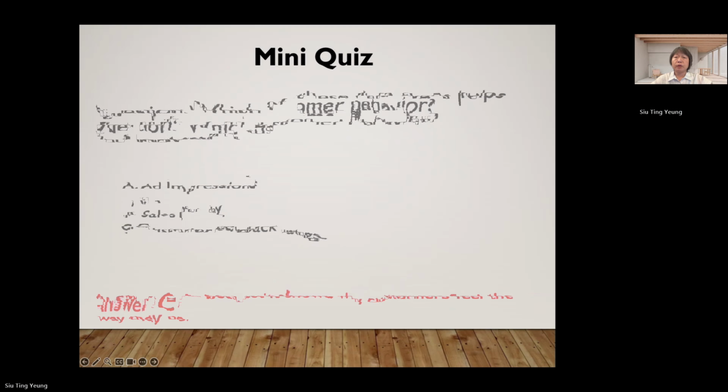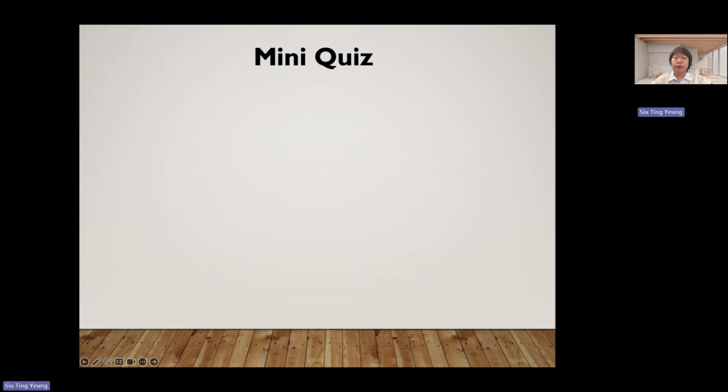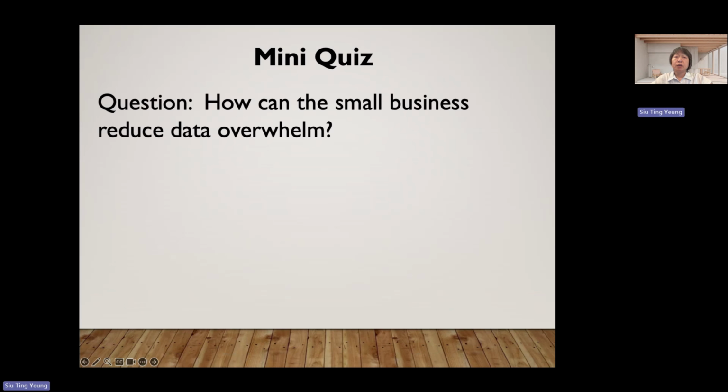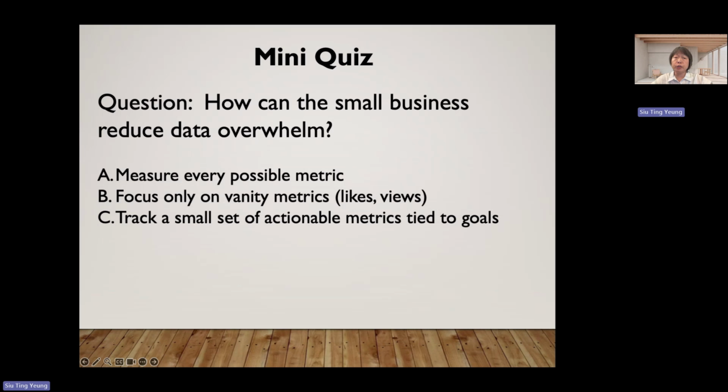And another quiz for you. Interesting. The question is, how can a small business reduce data overwhelm? And as usual, we have 3 answers for you to choose. The first one, A, measure every possible metric. B, focus only on vanity metrics, for example, likes, views.